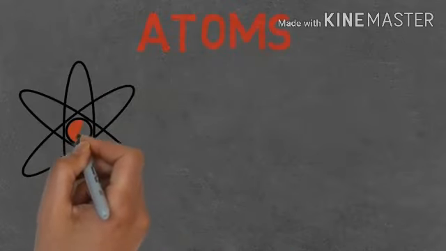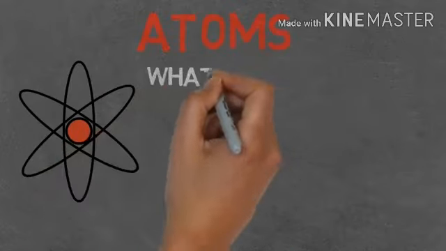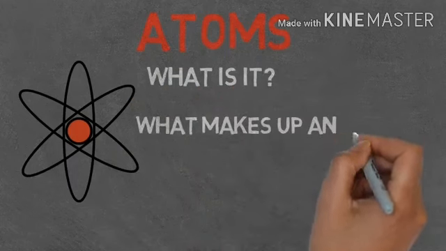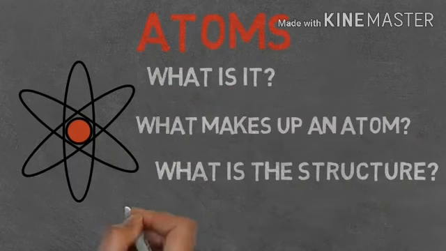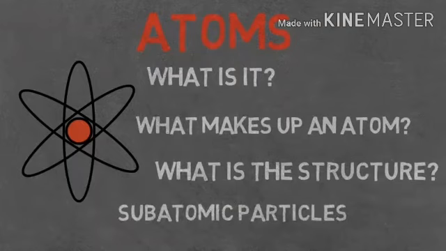Atoms. What is an atom? What makes up an atom? What is the structure of the atom? What are the subatomic particles? Let us look at what all these things are.